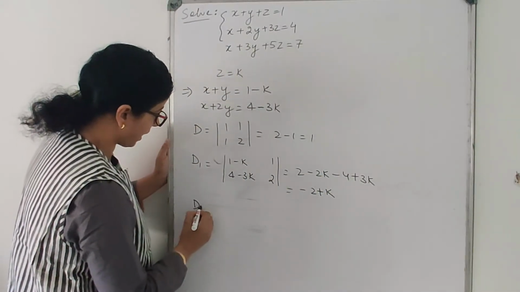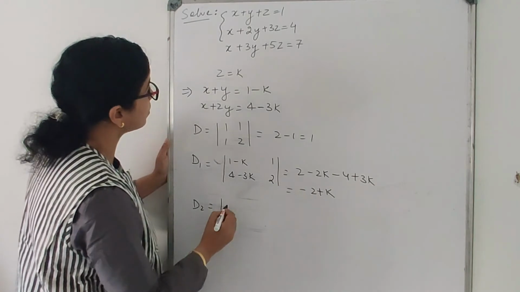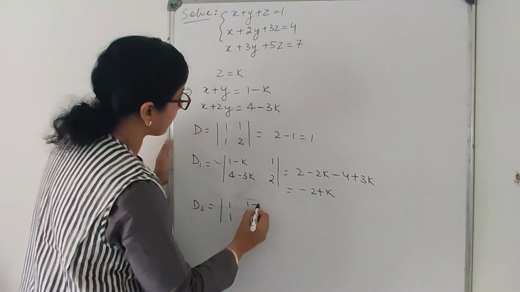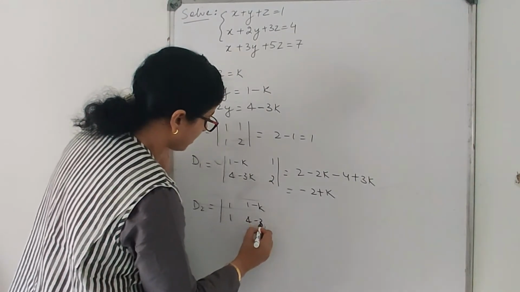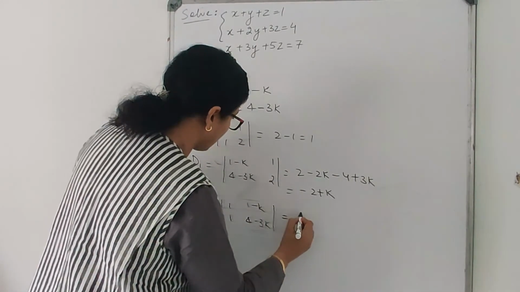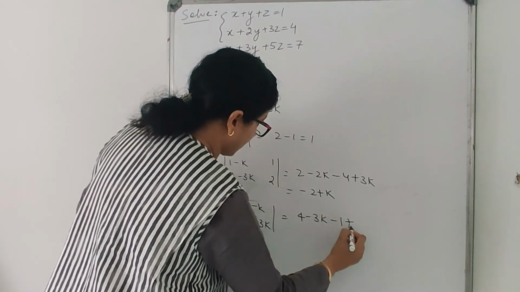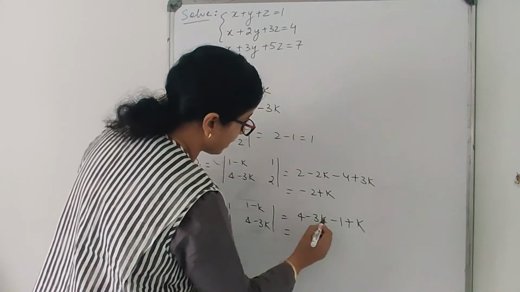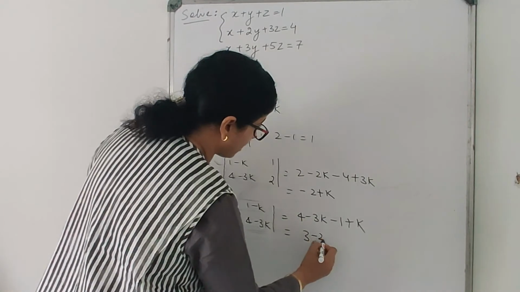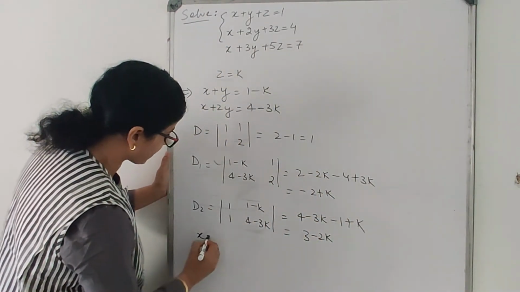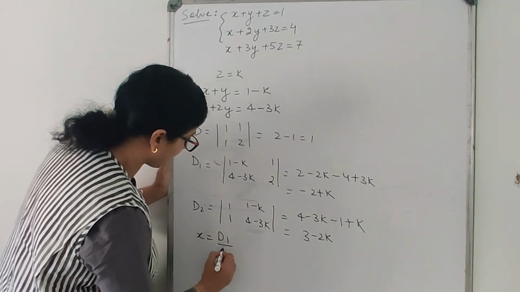Okay. Now I will find out the value of d2. What is d2? 1, 1. The y coefficients will be replaced by 1 minus k, 4 minus 3k. Solve this. 4 minus 3k minus 1 plus k. So what I am getting? I am getting 3 minus 2k. Okay. So now what is my value of x? X is equal to d1 by d.